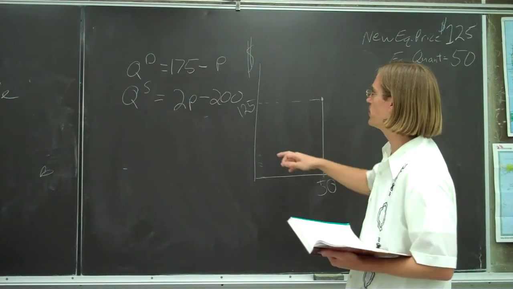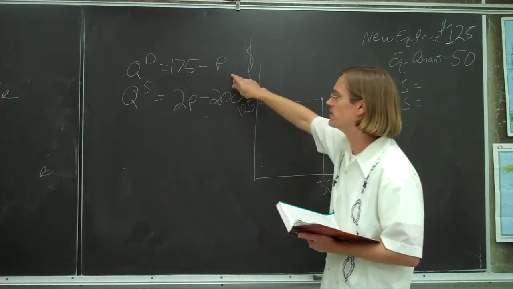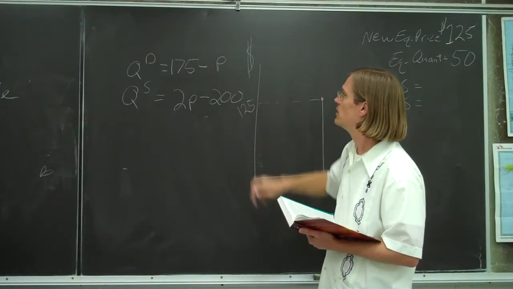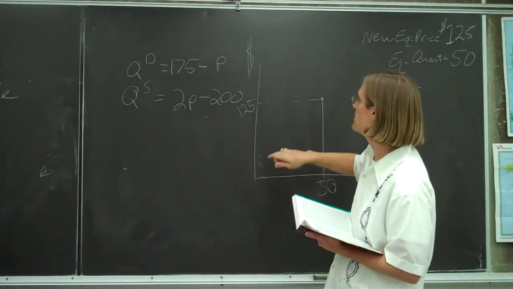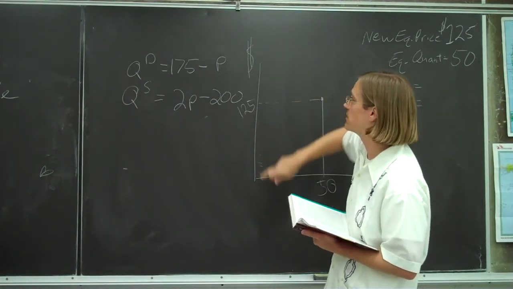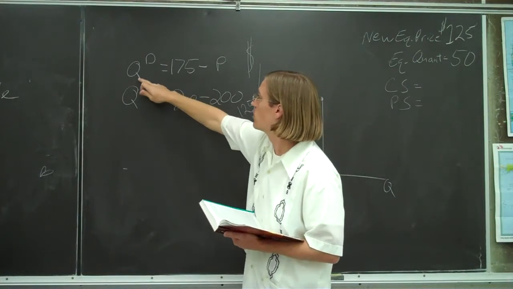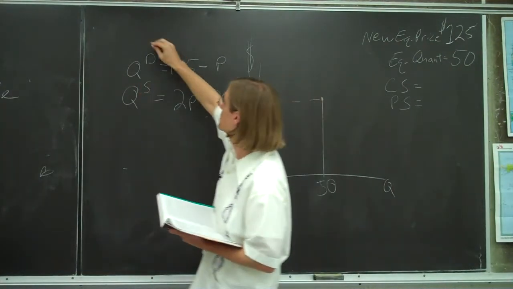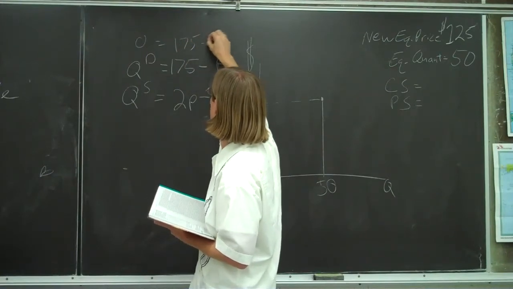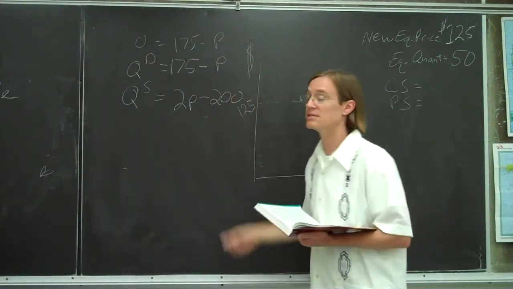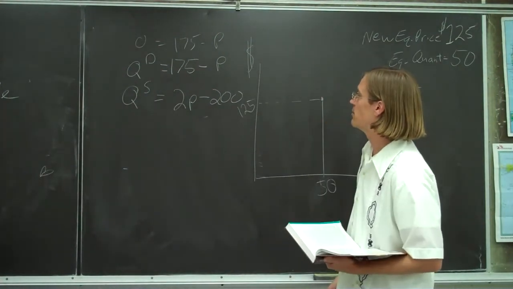And then it's pretty straightforward to get another point on the demand curve, because we can find the y-intercept fairly easily if we set the quantity demanded equal to 0, then 175 minus what price is going to satisfy this demand equation.